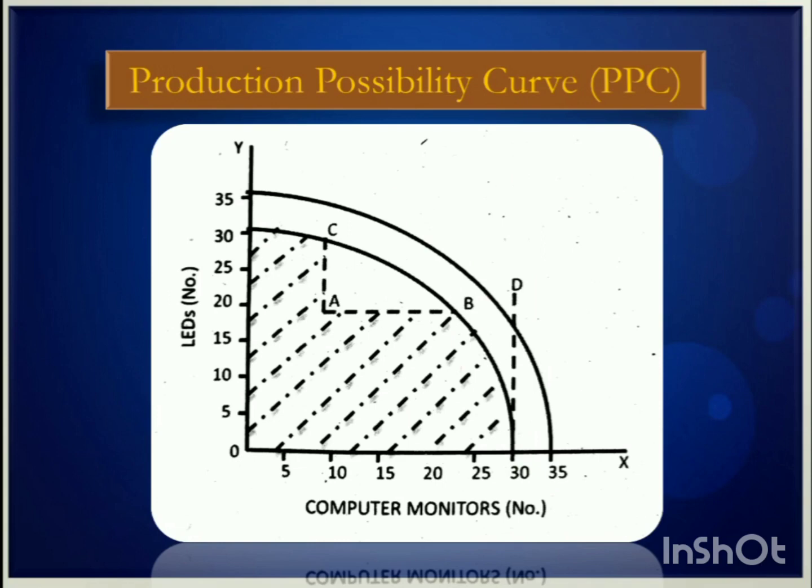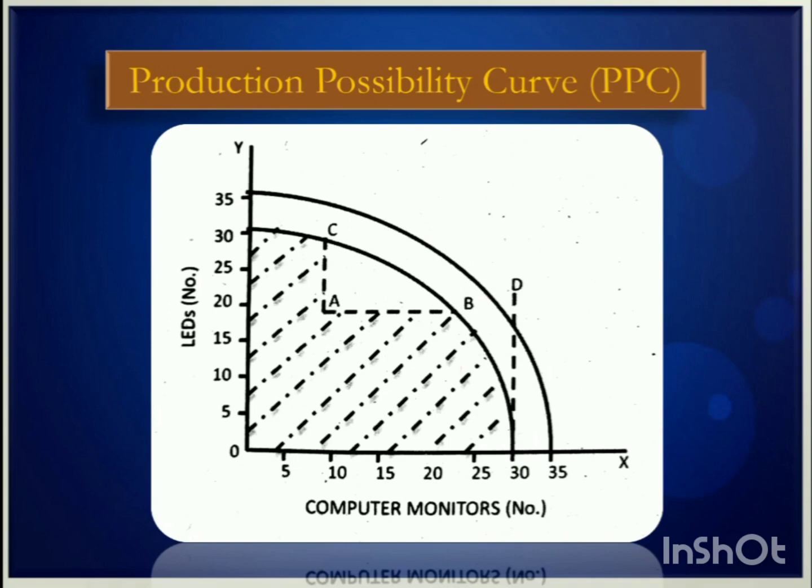Thus, the PPC represents all the possible combinations of L and M which can be produced by using all the productive resources of the economy efficiently. In that sense, each point on the curve represents the maximum possible output, and for that reason, it is also termed as production frontier of the economy.